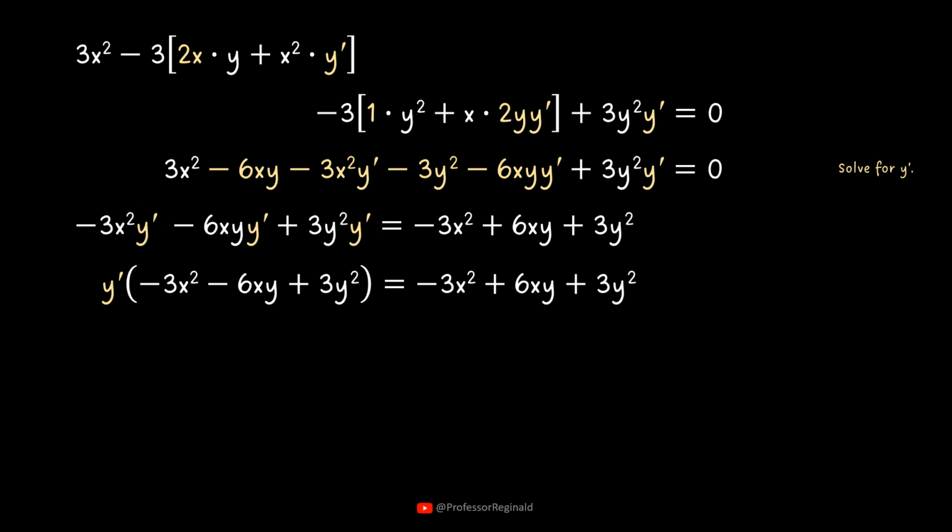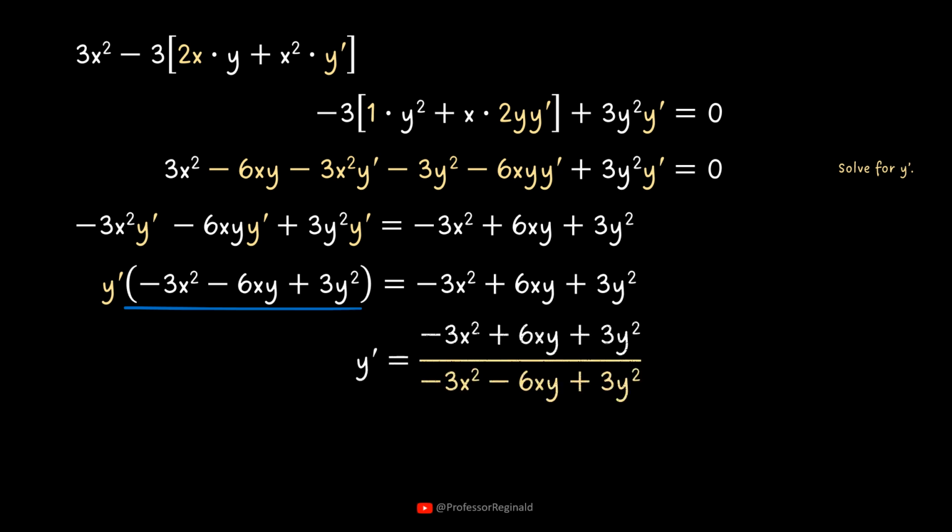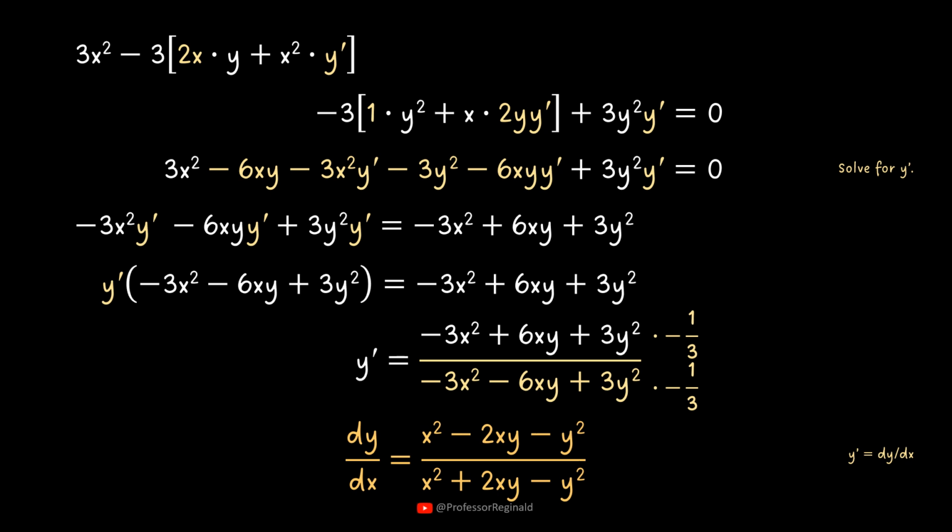And then divide both sides of the equation by the factor beside y prime. Simplify the rational expression by dividing out a common factor. Hence, dy dx is the quantity x squared minus 2xy minus y squared all over quantity x squared plus 2xy minus y squared.